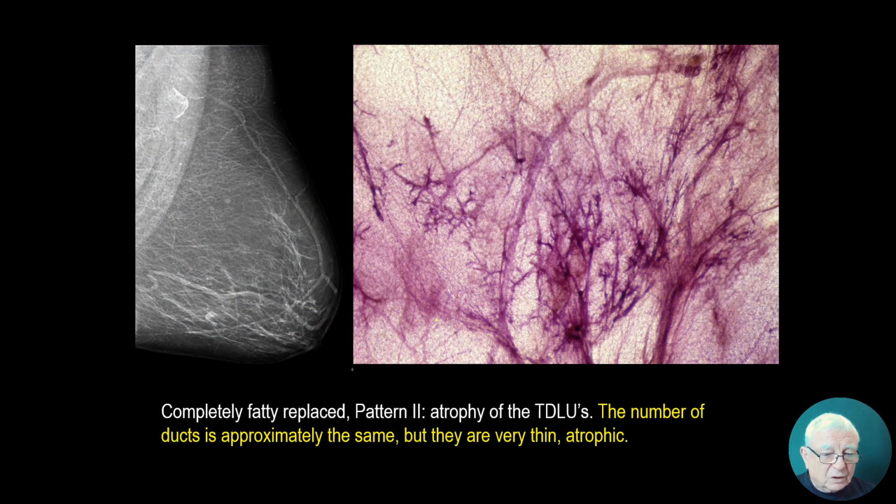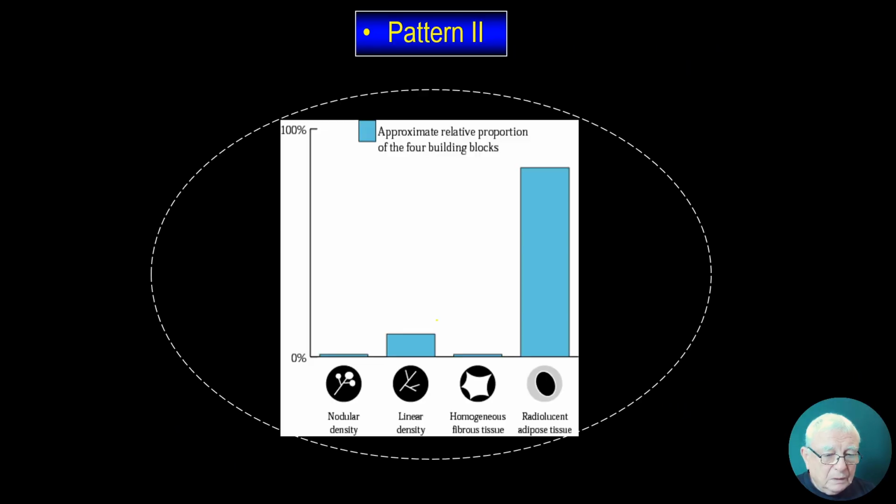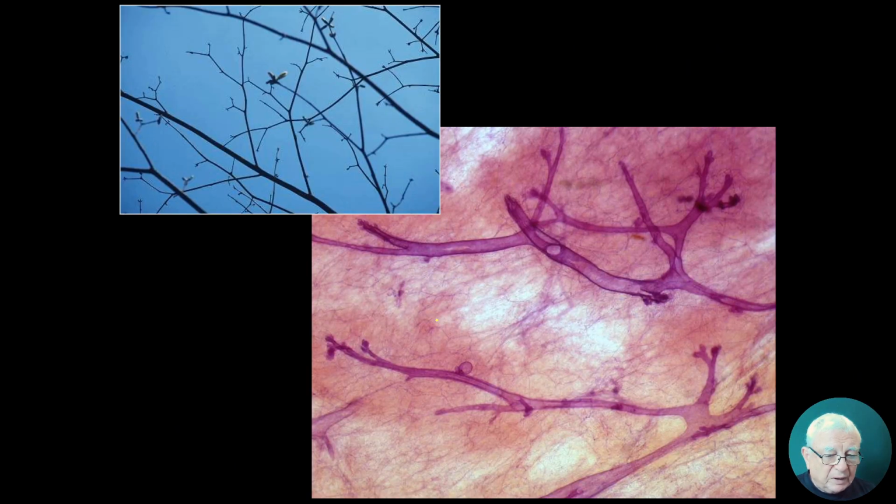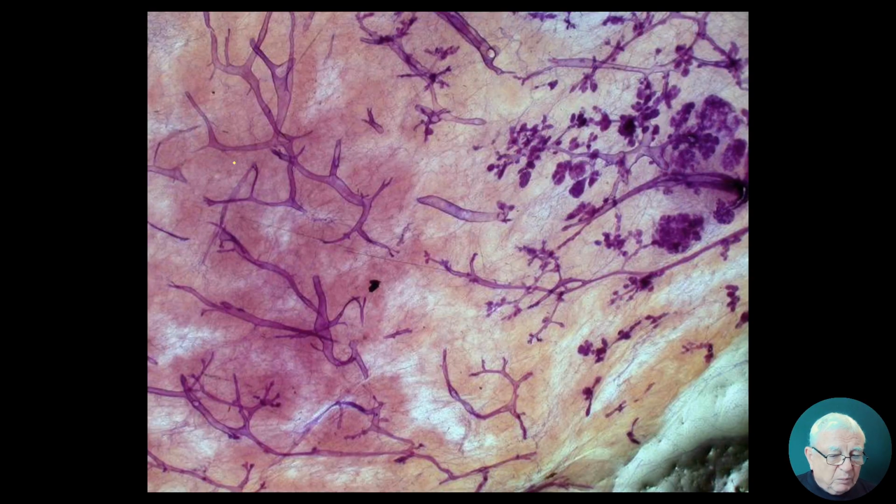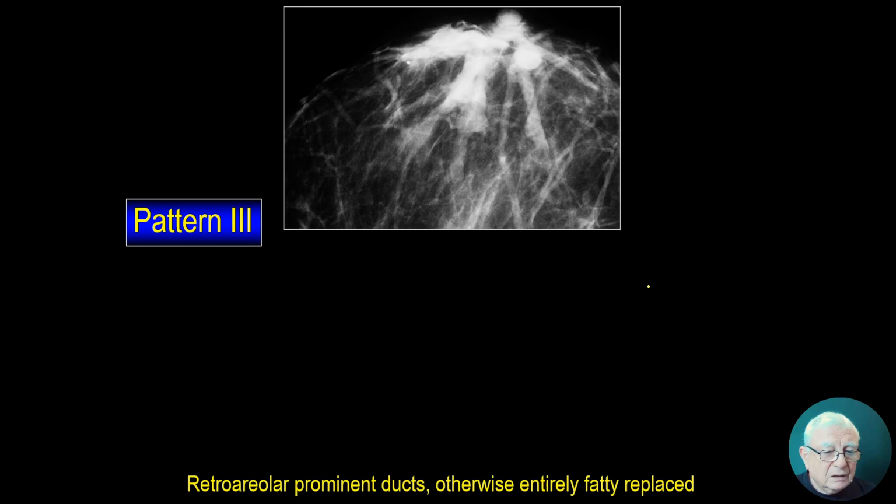This is what we are talking about. And so we arrive at pattern 2, where the adipose tissue dominates the picture. And here is the example. Some of the buds survive, and they may result in developing a fibrocystic change or any other hyperplastic breast change.